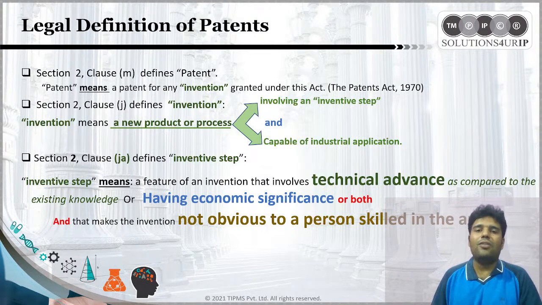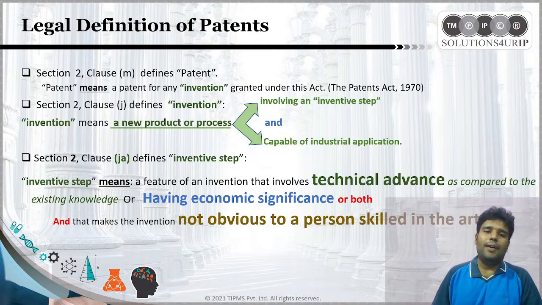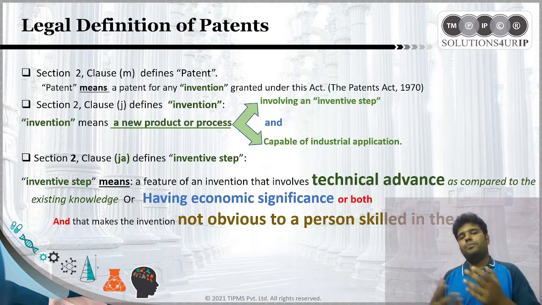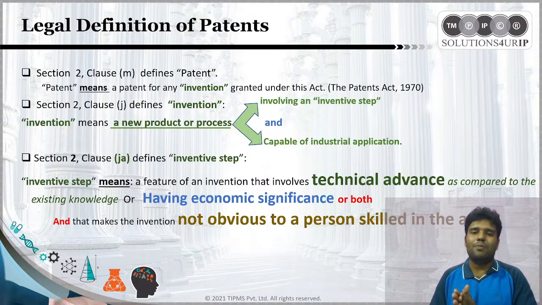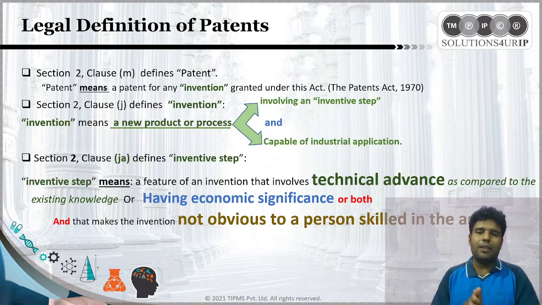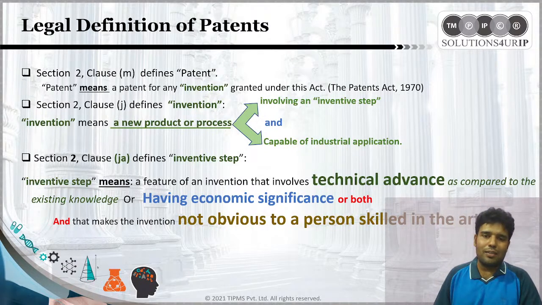And that is what you have to include: the manifestation of this technical advancement through the scientific experiments which must be included in the patent drafting exercise, in the patent draft that you write.